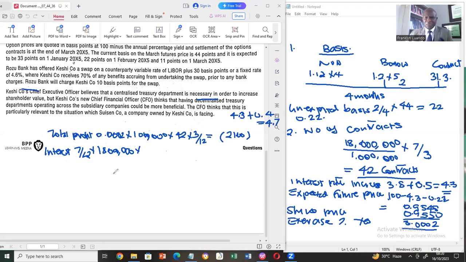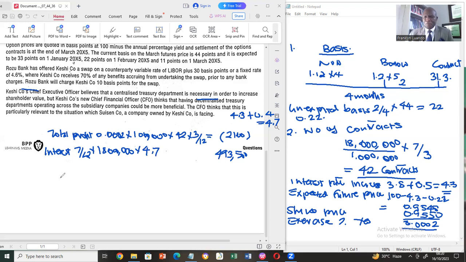So multiplied by 4.7, the total interest will be 493,500. That is the total interest to be paid.